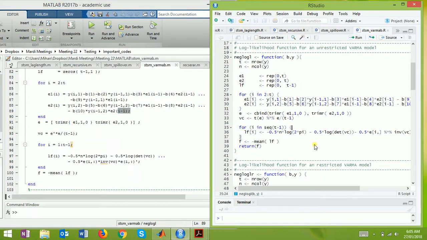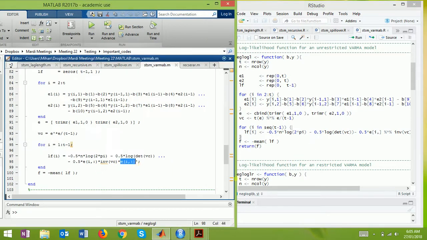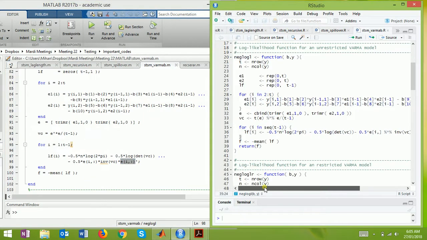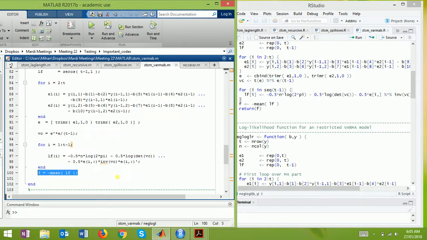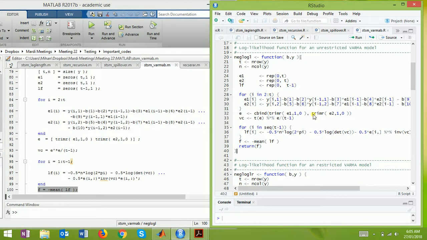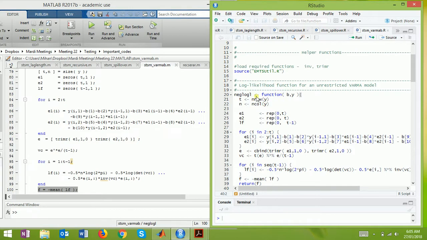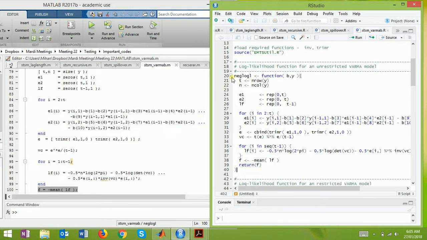So we column bind the residuals, then we transpose, we do omega, and then we estimate exactly the same log likelihood function, where instead of transpose we use column bind. Then we take f, negative minus mean log likelihood function, and this neg log L function will return f.